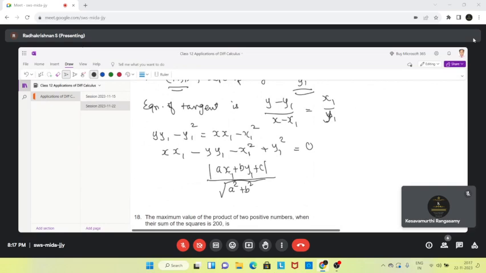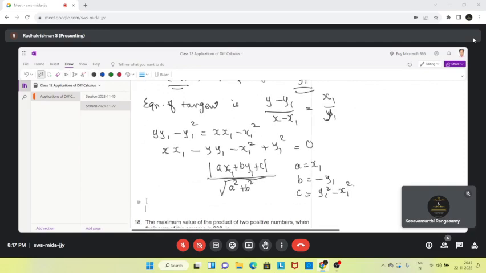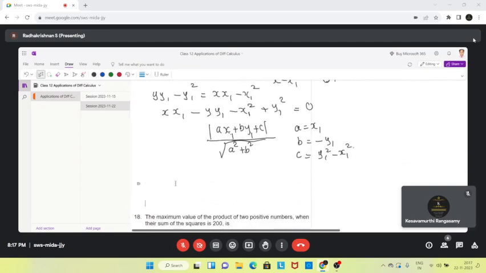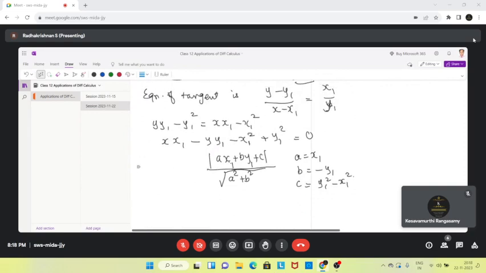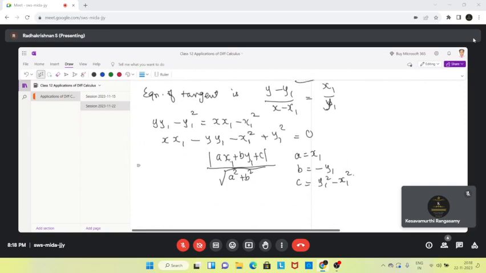So here, what is a? a is x1, b is minus y1, c is y1 square minus x1 square. Simply we substitute that. Okay. This is the distance.